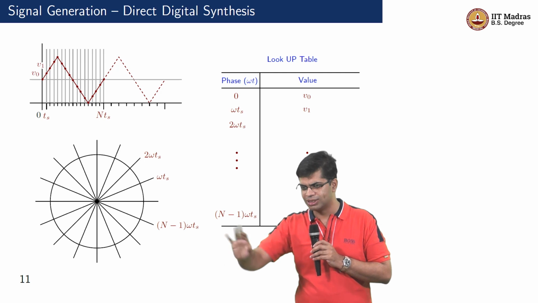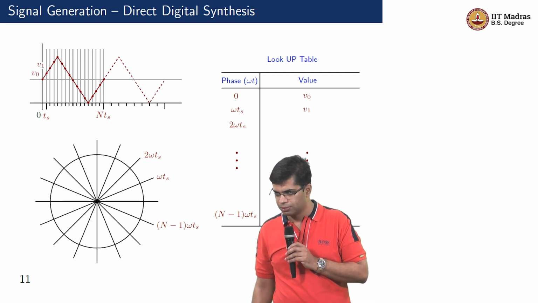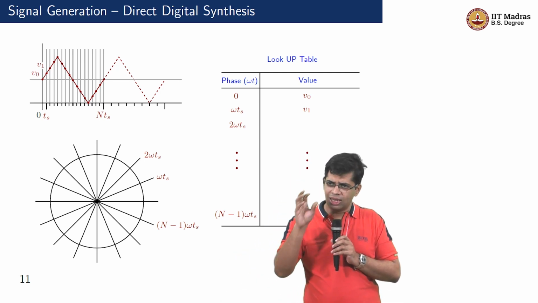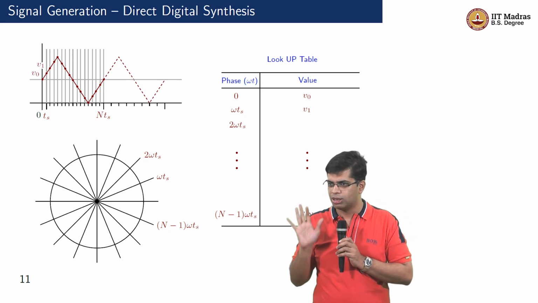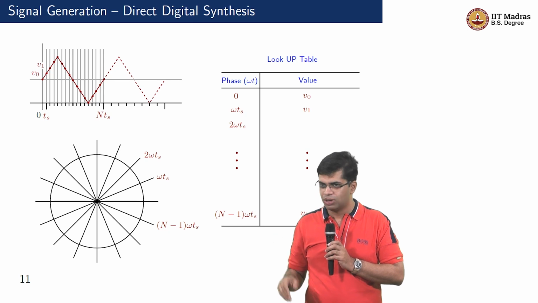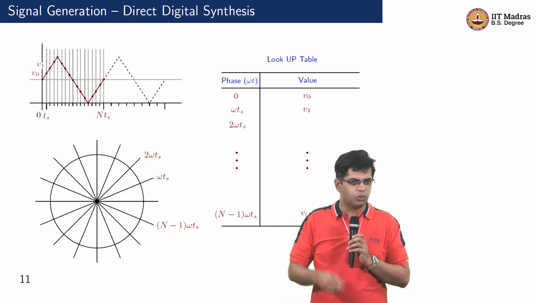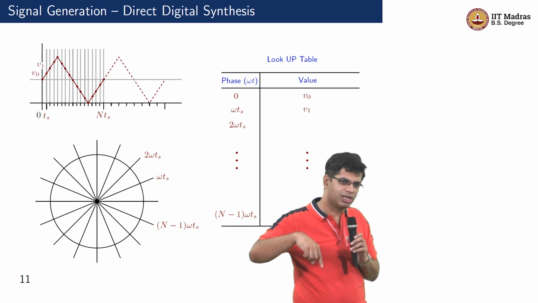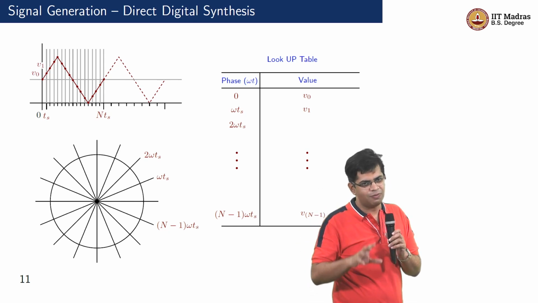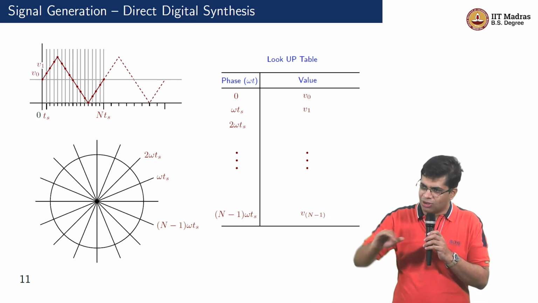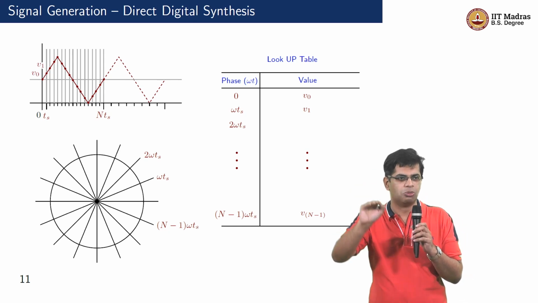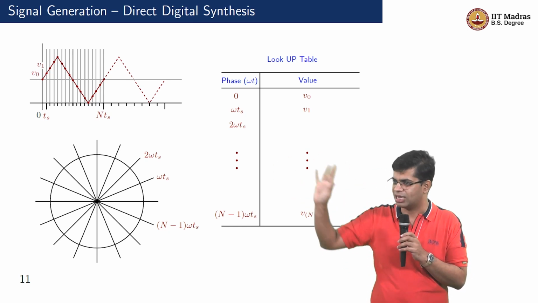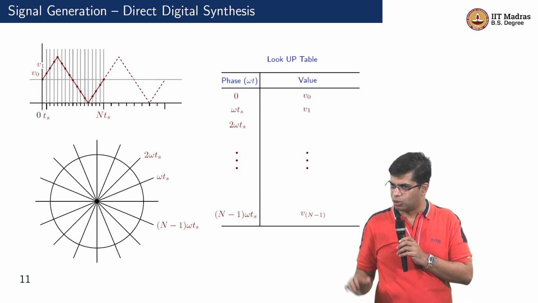You can make a signal generator using your 555, for example. 555 is a very, very common implementation of the older school of analog signal generators. The 555 will give you a square wave. You pass the square wave into an integrator, you will get a triangle wave. You take the triangle wave, pass it through what's called a diode shaping network. It will shape that triangle wave into something that looks more sinusoidal, put it through a filter, you'll get a sine wave. It's a very common way of doing things.